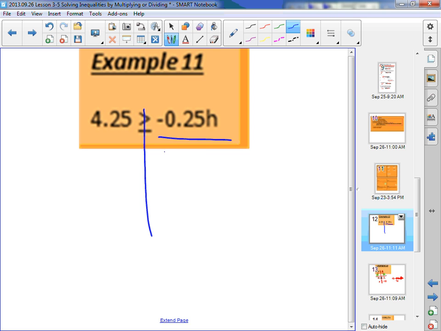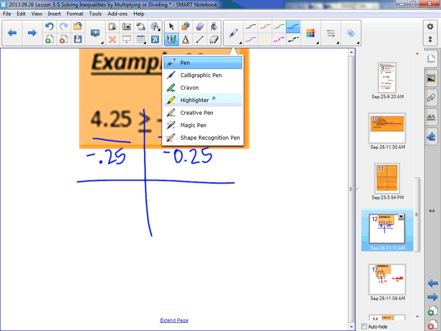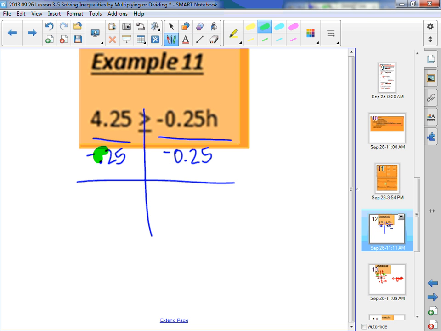Okay, I'm going to divide by negative 0.25 on each side. Yeah, so because the number I just divided with was negative, this number right here is negative. So I got to flip my inequality symbol to a less than or equal to. So 4.25 divided by negative 0.25 should be what?